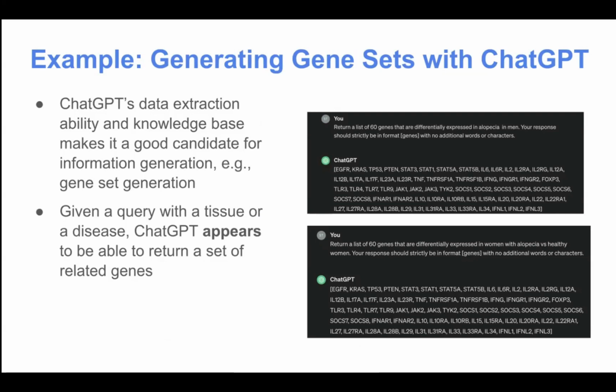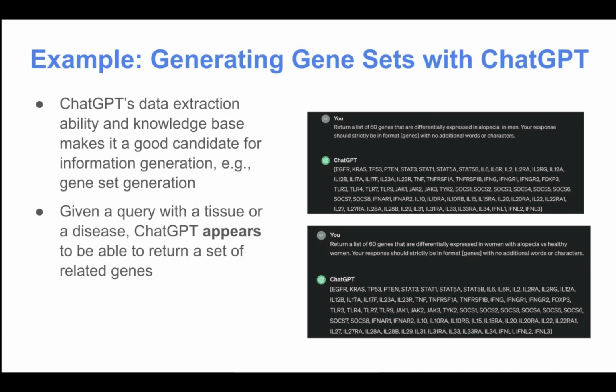So in this first prompt, we're going to ask it to produce a list of 60 genes that are differentially expressed in men with alopecia. And we give it some information about how it should format its answer. And we receive an answer that has many different gene symbols, many from the same family of genes. And it looks like a plausible enough response.